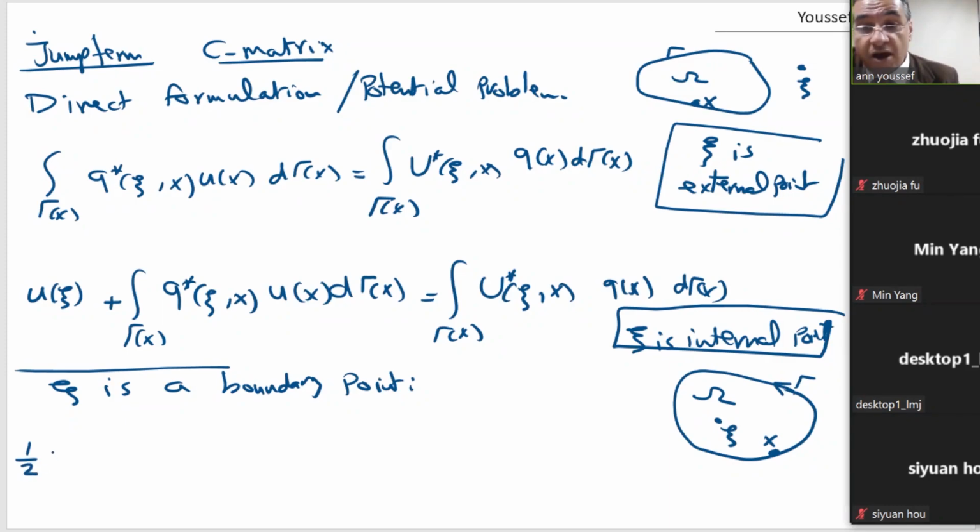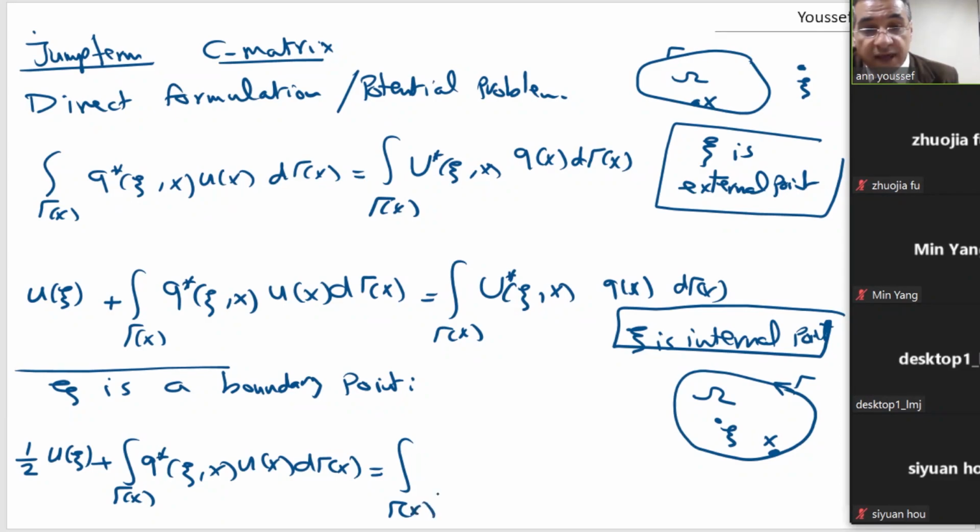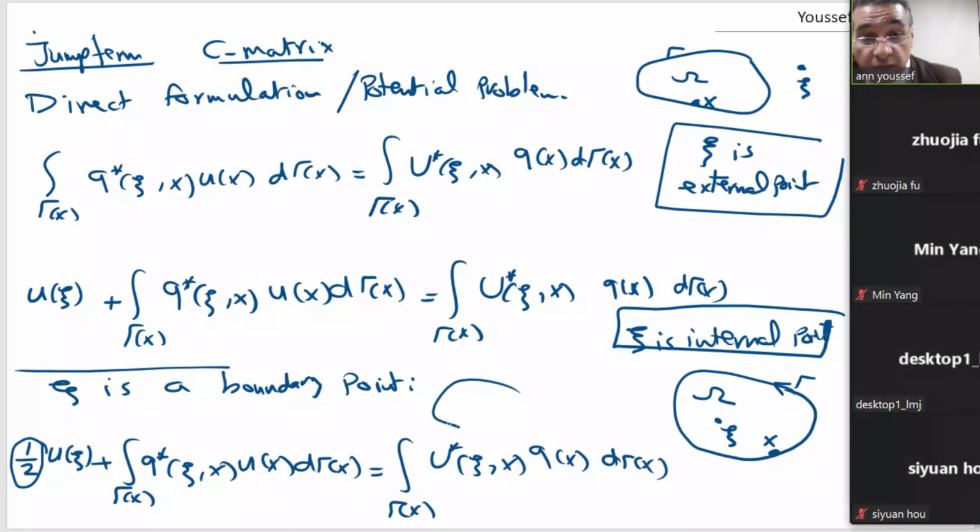We will have 1/2 of u of xi plus the integral over gamma of x of q asterisk of xi and x, u of x, d gamma of x equals the integral over gamma of x of u asterisk of xi and x, q of x, d gamma of x. From where does this 1/2 come? This is when xi is a boundary point.